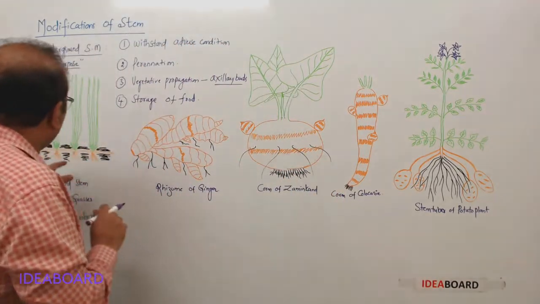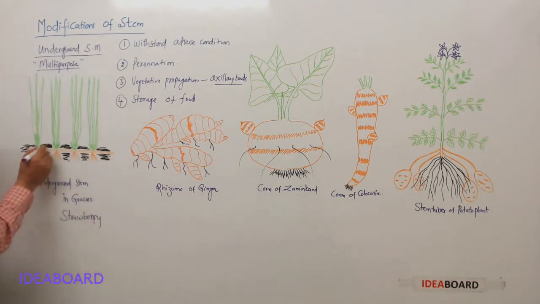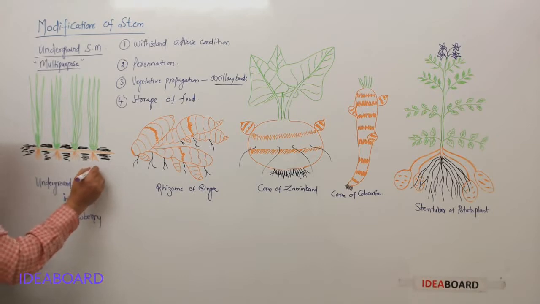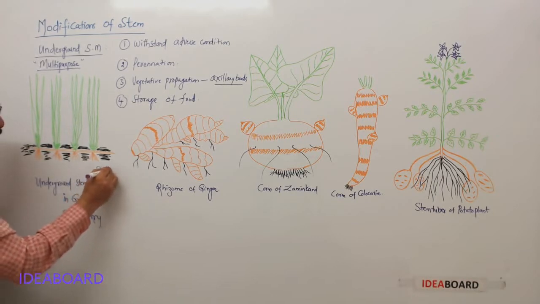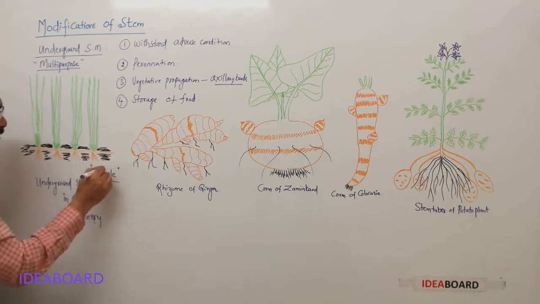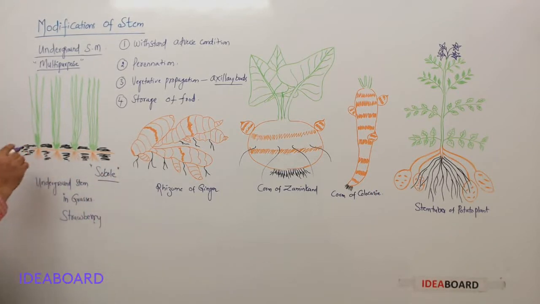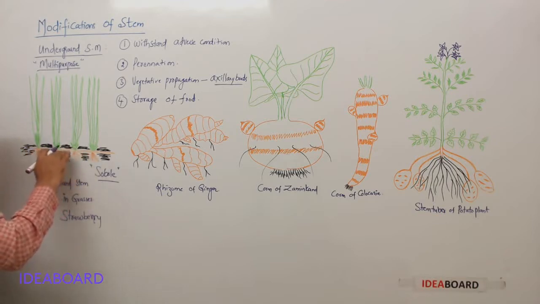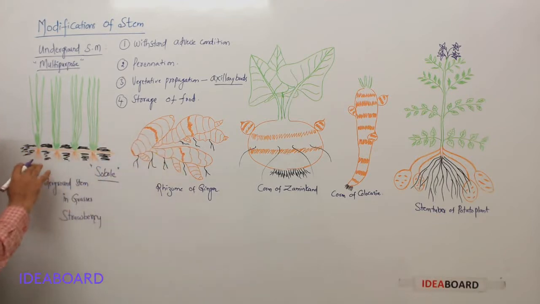You can see I have used black color here for the soil, and this is the underground runner. This underground runner is technically called sobol, but this term is not there in the textbooks. The underground runner continuously grows from one niche to another niche, meaning one place to another place.